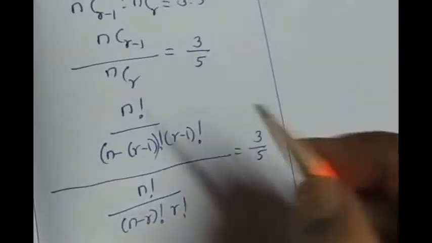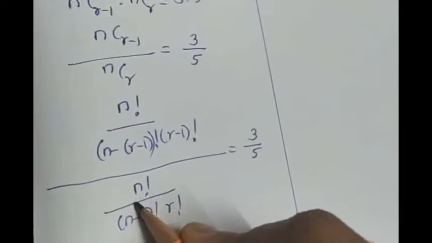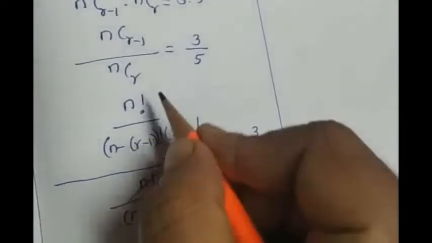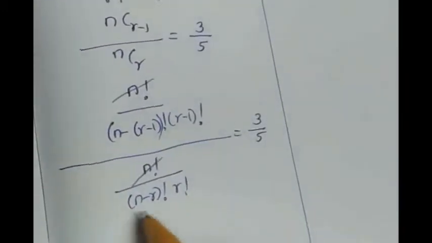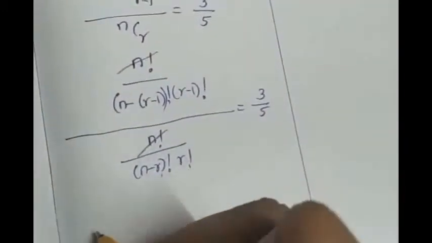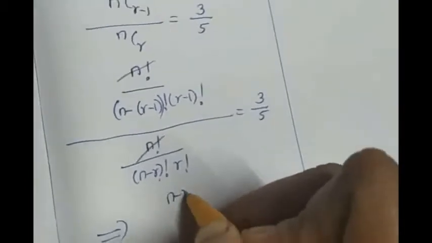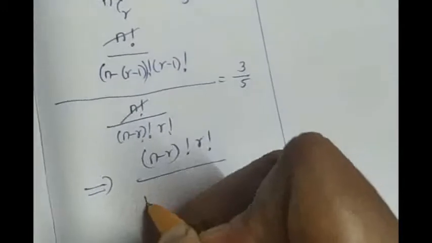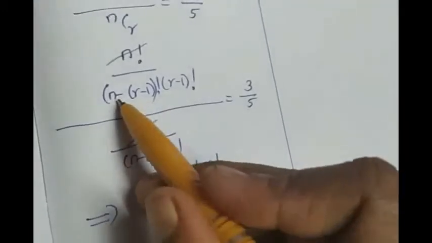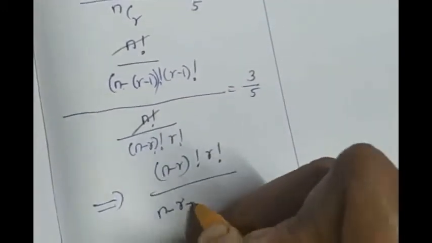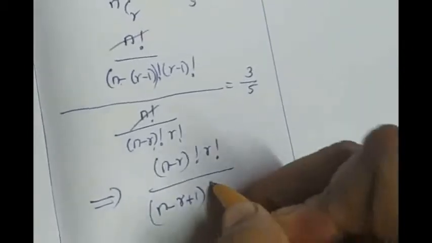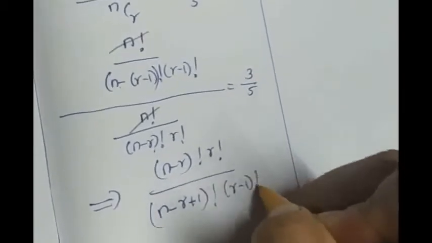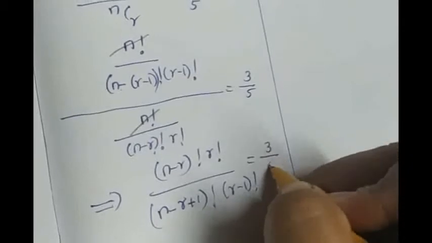Here also numerators n factorial can be cancelled, and this denominator will come to the numerator. So what we get is (n minus r) factorial into r factorial divided by (n minus r plus 1) factorial into (r minus 1) factorial is equal to 3 divided by 5.